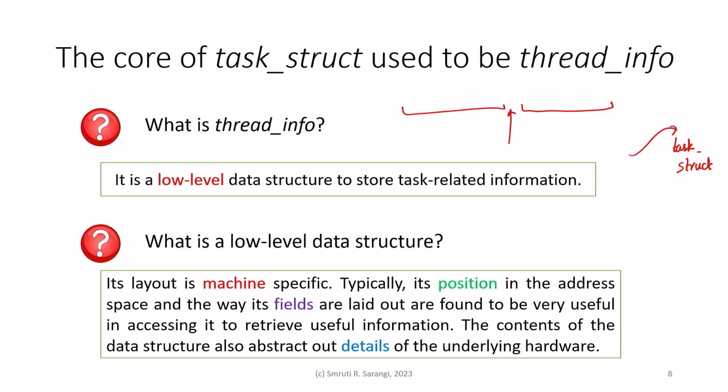But the moment you are designing a low-level data structure, you would define the same struct, but you would be aware of all of these aspects that I discussed: how it is stored, where it is stored, and what is stored within it, in the context of optimizing its efficiency when running on real hardware.